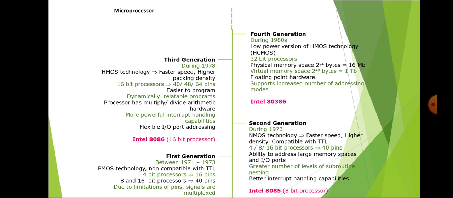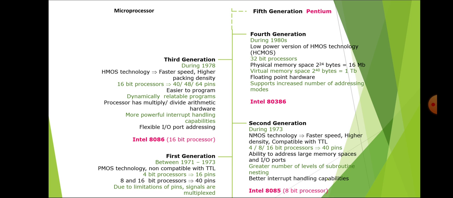Virtual memory size is 2 raised to 40 bytes, almost 1 TB. It supports an increased number of addressing modes and floating point hardware, up to the Intel 80386. So after 8086, these came into the market.